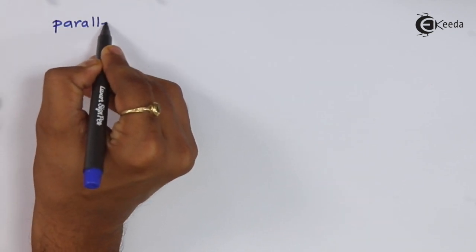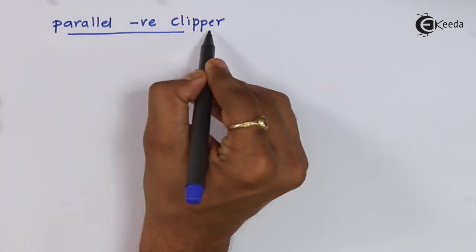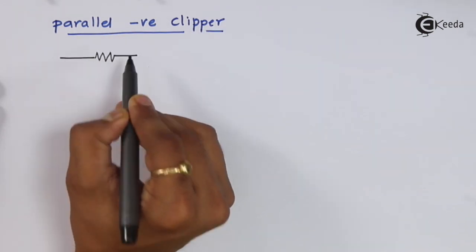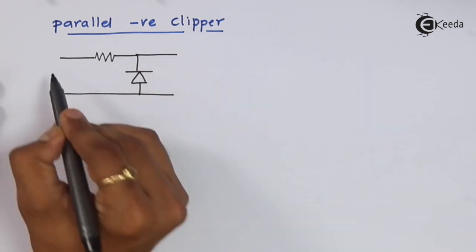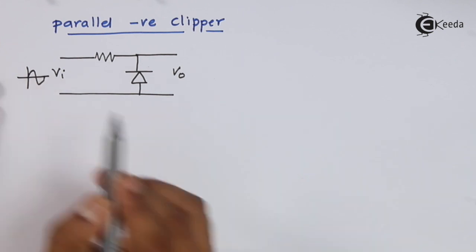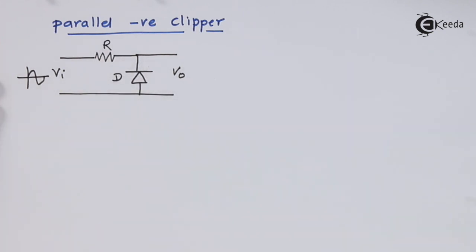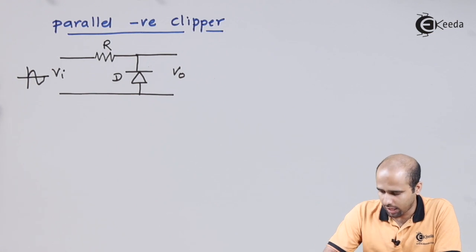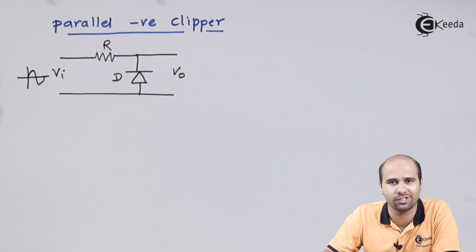The next part is the parallel negative clipper. What did I do? I have just changed the orientation of the diode.